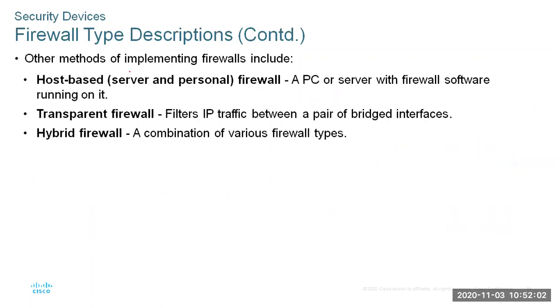Other methods of implementing firewalls include the host-based firewall, which is like server and personal: a PC or server running firewall software. There is also the transparent firewall, which usually filters IP traffic between a pair of bridge interfaces, or the hybrid firewall, which is a combination of the various types of firewall.